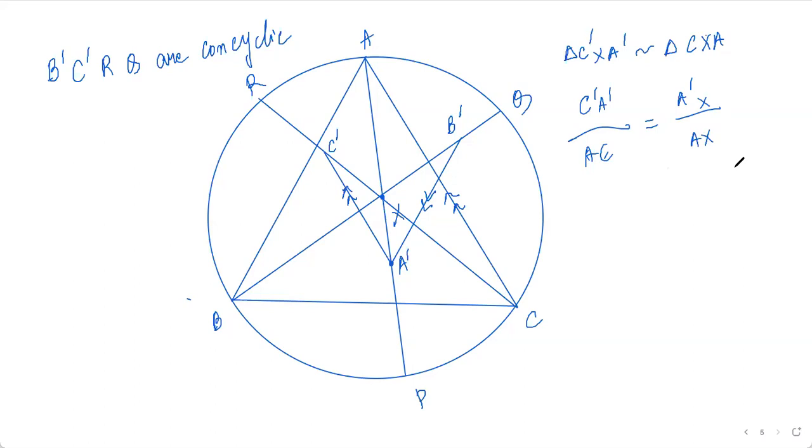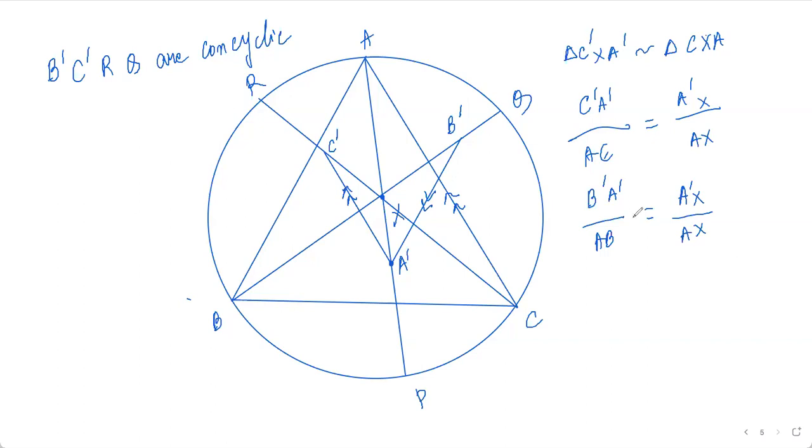Then similarly, B dash A dash by AB is equal to A dash X by AX, because of similarity between X A dash B dash and X A B. Is it okay?